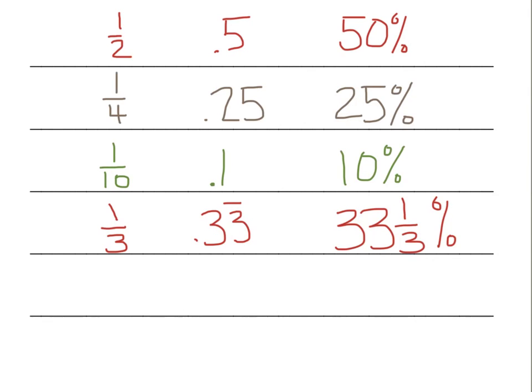For 1/5, which is a little bit easier one, 1/5 is 0.2, which is 2/10, which is 20% or 20 out of 100. And the last one is 1/6.